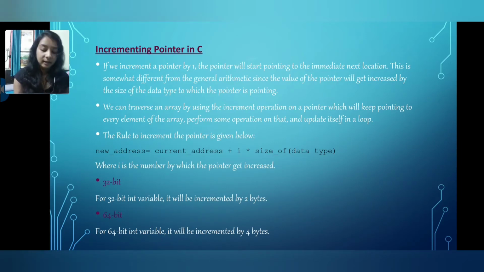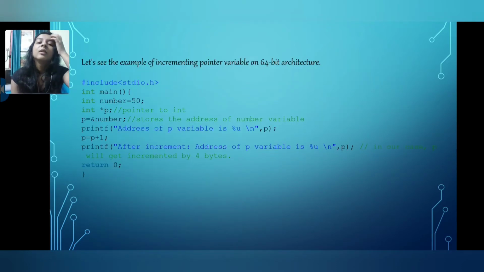So basically in a 32-bit architecture, it will be incremented by 2 bytes, whereas in a 64-bit architecture, it will be incremented by 4 bytes. That's basically incrementing a pointer. Similarly, pointers can also be decremented, added or subtracted. We'll look into that in a few seconds.